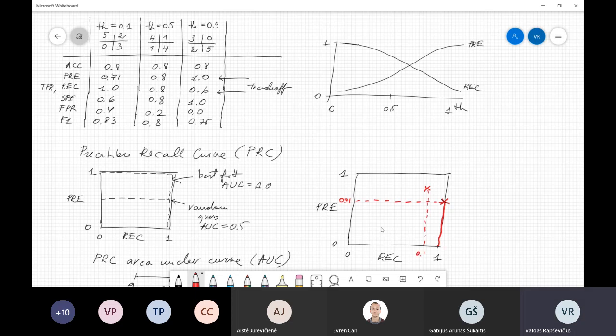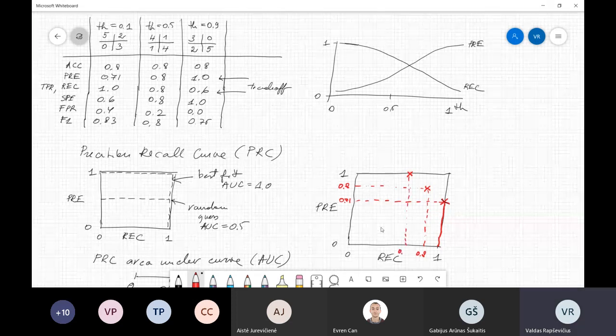Now moving even further in the number of observations, we get to precision equal to 1 and recall equal to 0.6, so somewhere, let's say, here. So precision 1 and recall 0.6. And from now on, precision would be equal to 1 for all the recalls. So this is the curve.